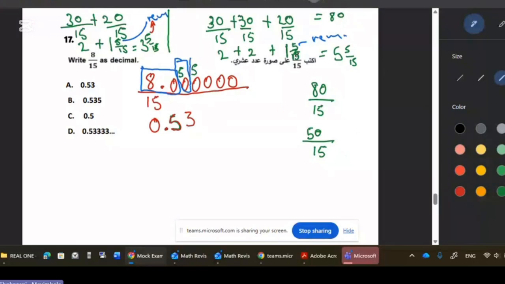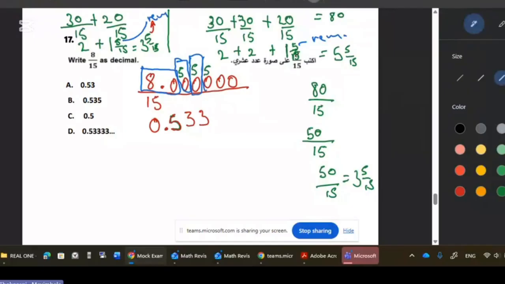Now this is another 50, divided by 15. So we know the answer is 3, remainder 5 over 15. So we write another 3, remainder 5. Are you following?